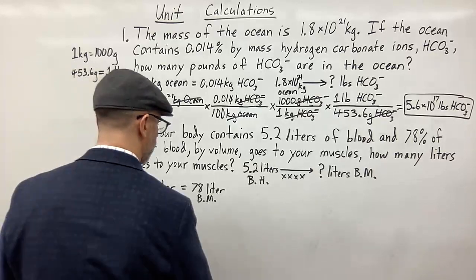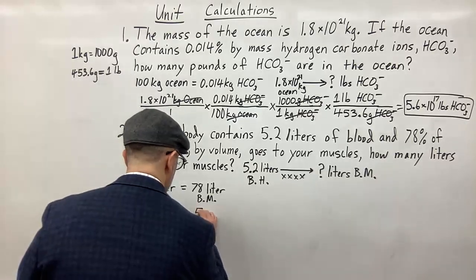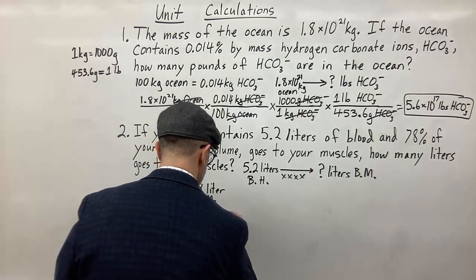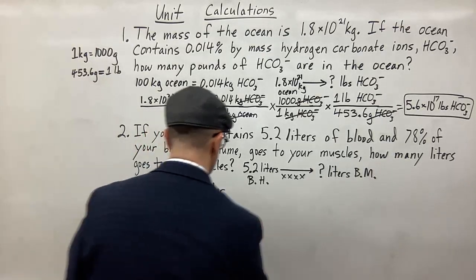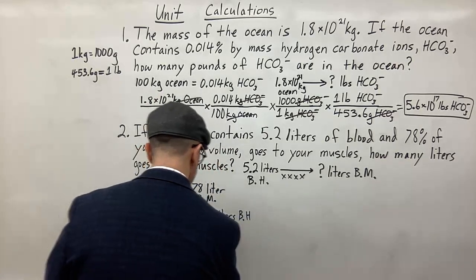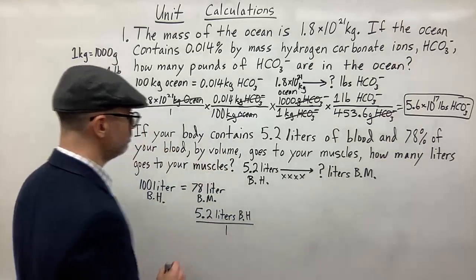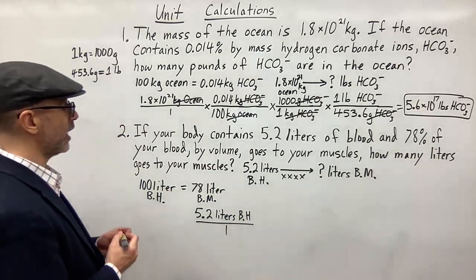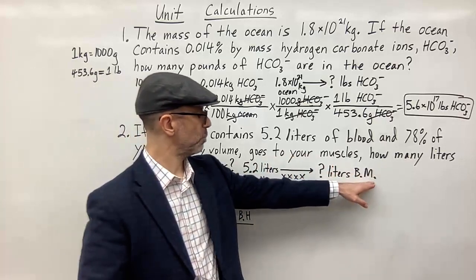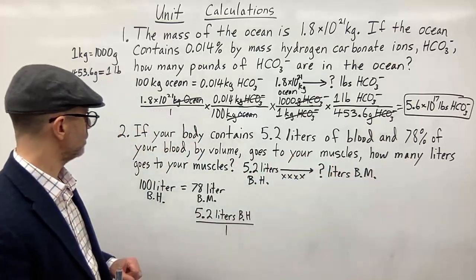Okay, so let's start with 5.2 liters of blood to the heart over 1. We need to get from liters of blood to the heart to liters of blood to the muscles.